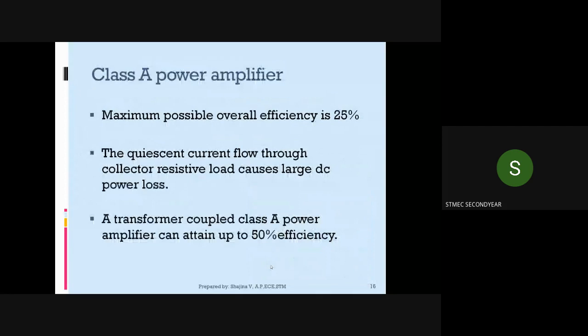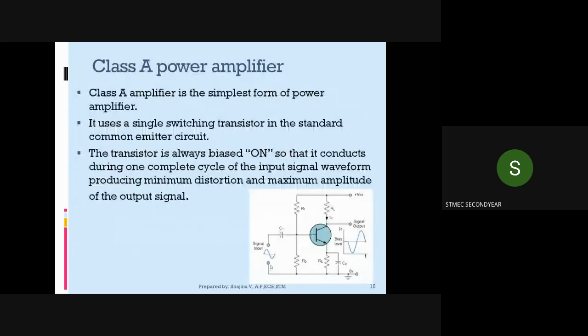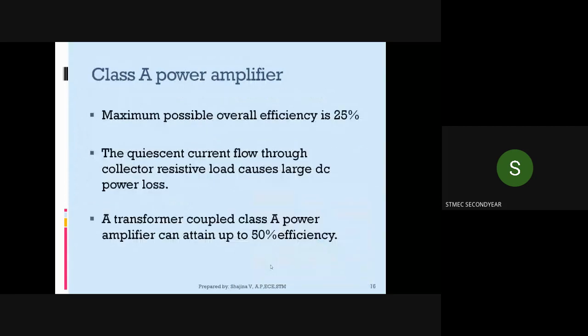We can say the quiescent current, that is the Q point current, will flow through the collector resistive load. At the collector terminal, the point where we are taking output power, we are connecting a load resistor. So the quiescent collector current will flow through this collector resistive load, and it will cause a large wastage of DC power.